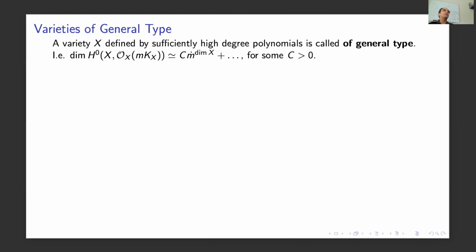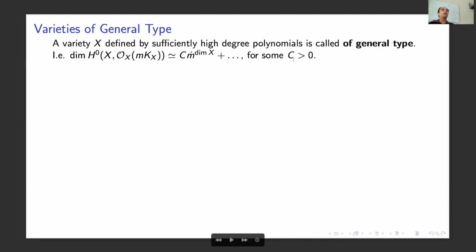So if you want a precise definition, what this means is that if we take the canonical divisor of X, and we look at all the tensor powers, or in other words, all the multiples of the canonical divisor, and we look at the global sections of the line bundle associated with this divisor, I'm assuming that X is smooth for the time being, then the dimension of this vector space is like a polynomial of degree equal to the dimension of X. So in other words, it can be thought of as C times m to the dimension of X, where C is a positive constant.